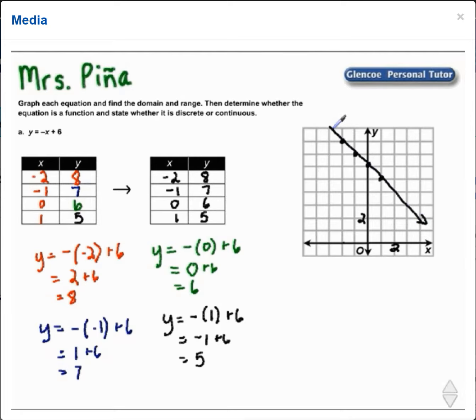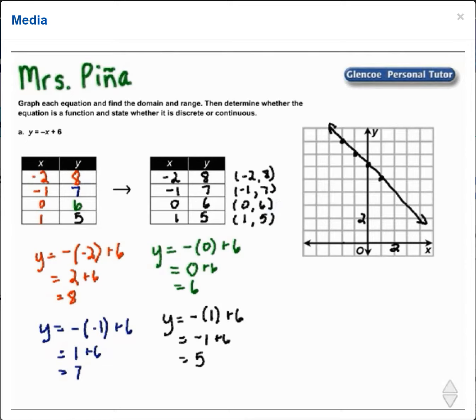This equation represents all of the points that lie on the line that goes through -2, 8, -1, 7, 0, 6, and 1, 5.